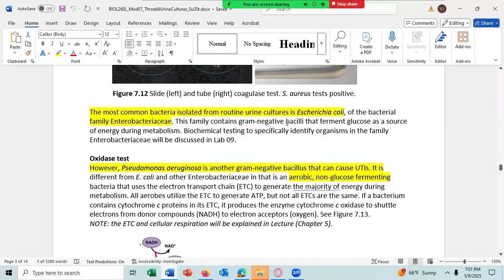And then if you include the family Pseudomonaceae, then the gram negatives make up around 60%, maybe a little bit over 60% of the UTIs. Any question about anything so far?